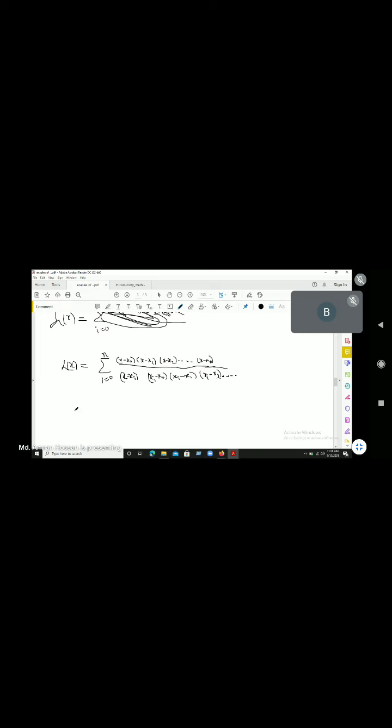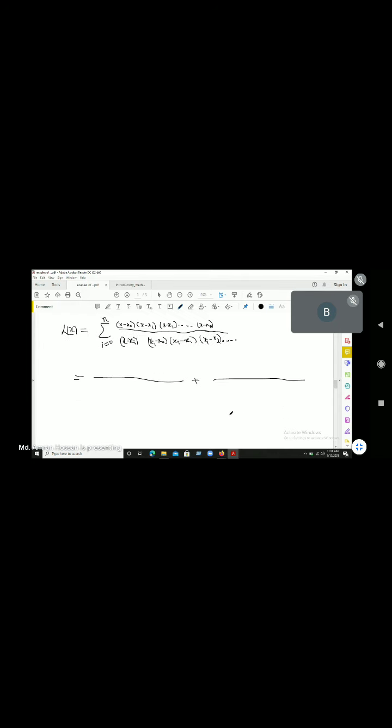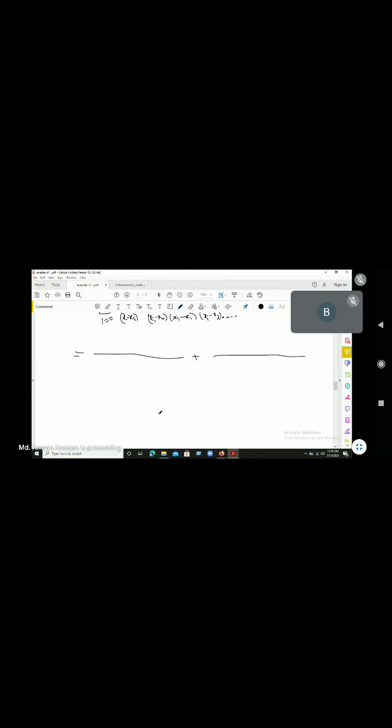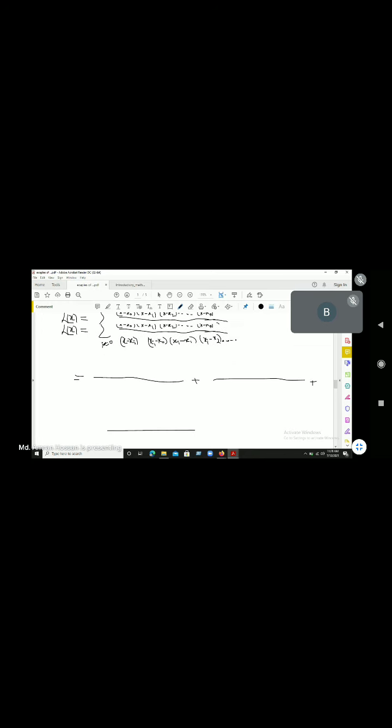Now I'm writing the main formula. One part, I'm writing 3 parts, okay? Any problem? This is the important thing here. When i equals 0, the upper part is the same. There is no difference in the upper part, okay?